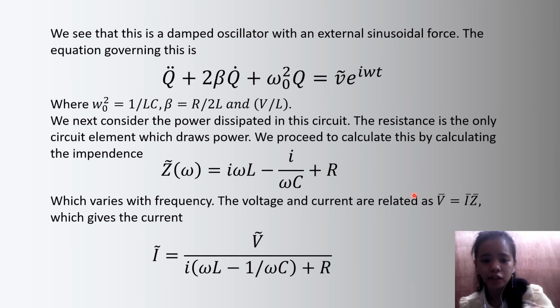The resistance is the only circuit element which dissipates power. We proceed to calculate this by calculating the impedance, which is this equation, which varies with frequency. The voltage and current are related to the impedance, which gives the current, and to get the current this is the solution.